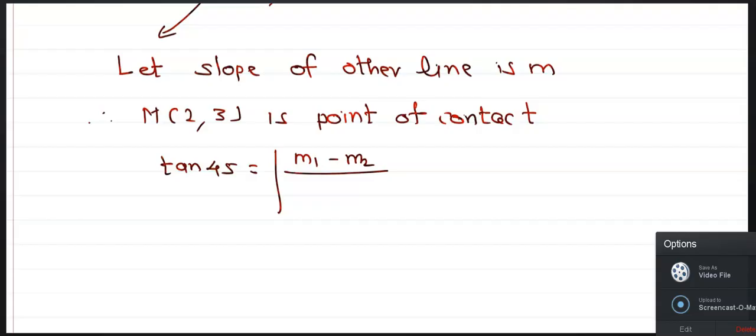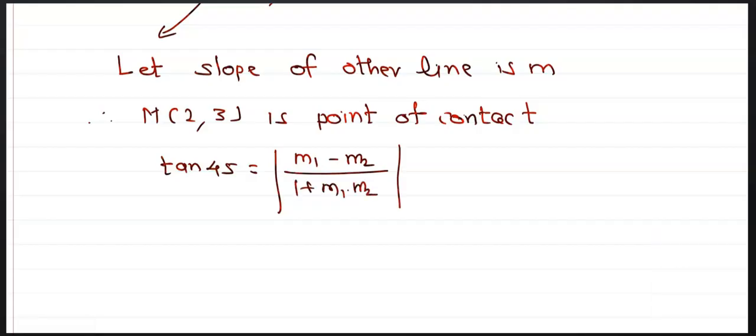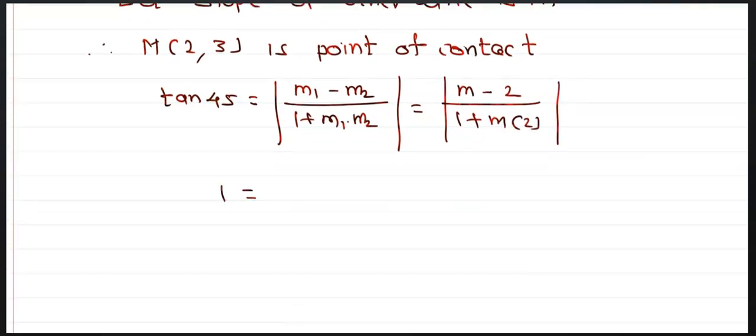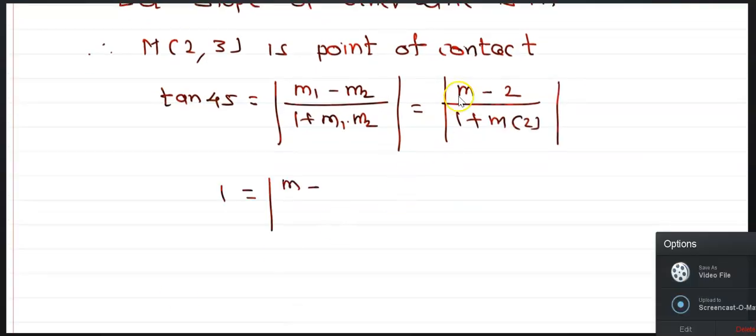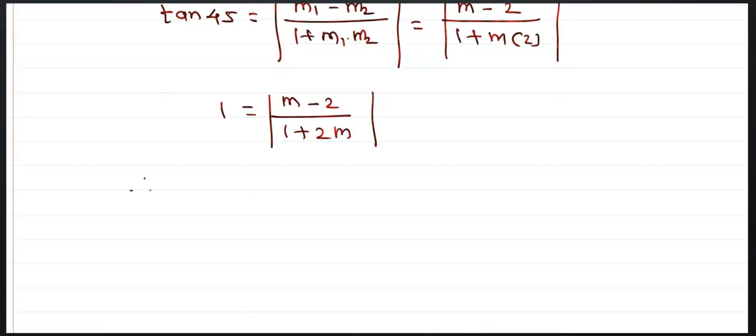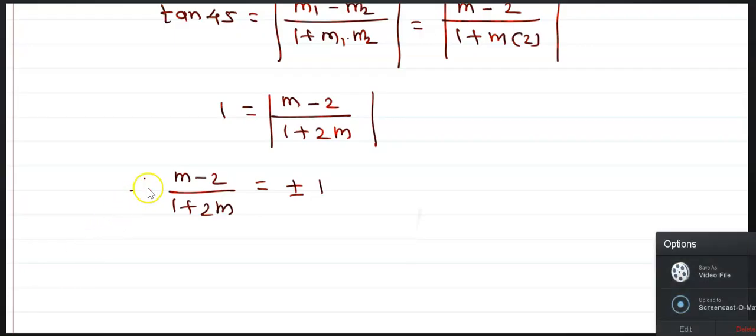Therefore, next, tan 45 is equal to mod of (m1 minus m2) upon (1 plus m1 times m2). Substitute the values: (m minus 2) upon (1 plus m times 2), and tan 45 is 1. Now simplify this. If we remove the mod sign, then we will get plus or minus.